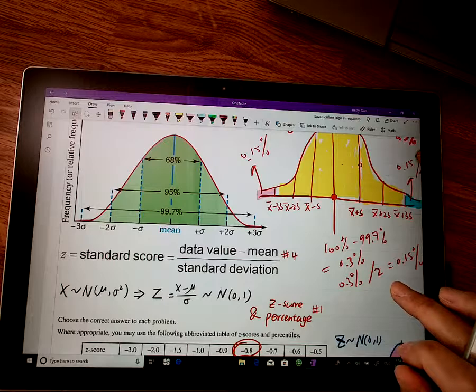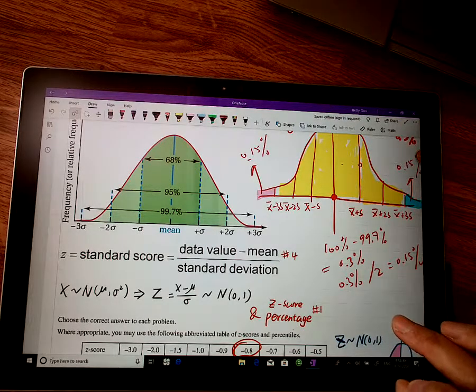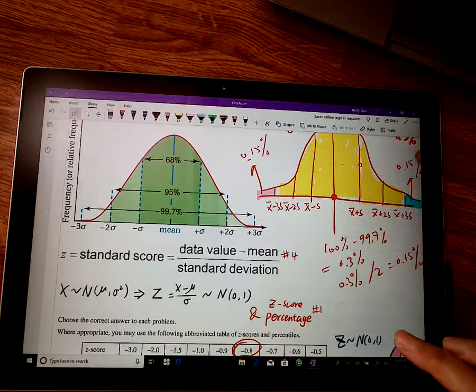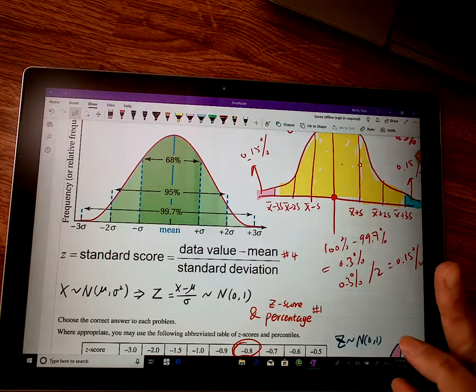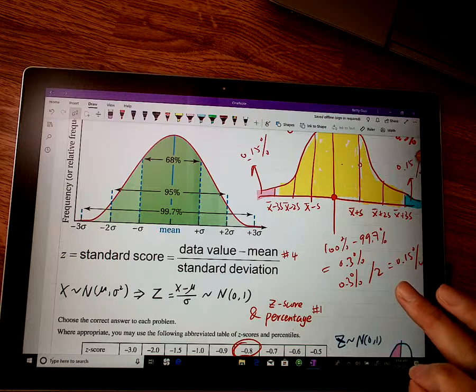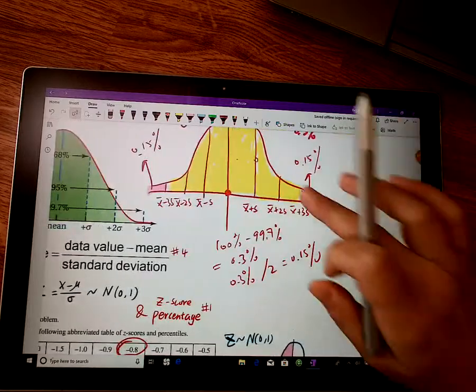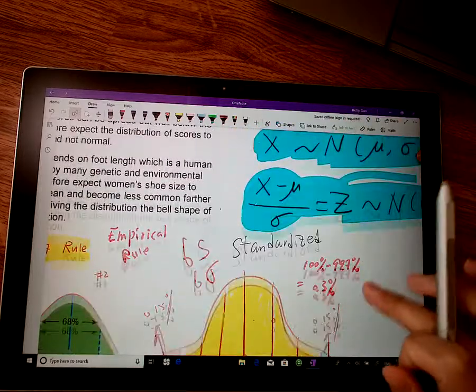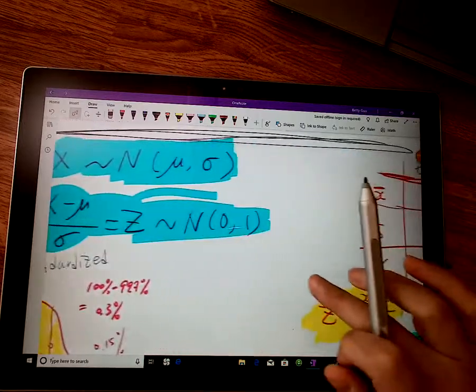Okay, another thing. We have many normal distributions, depending on the value of the mean and the value of the standard deviation. Among those normal distributions, there is one type of normal distribution that is very special. It is called the standard normal distribution.